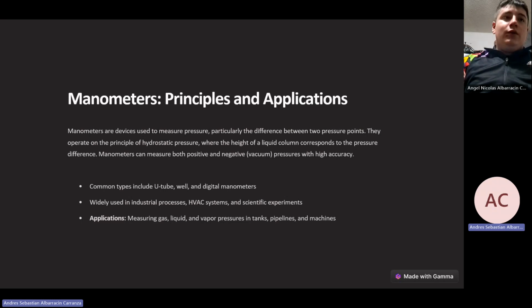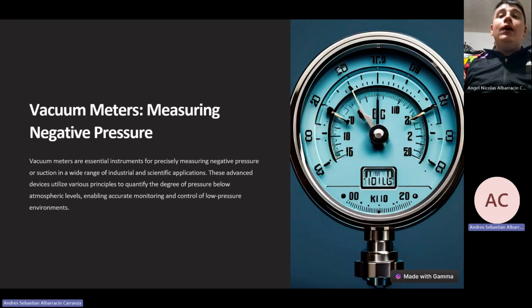Later we're going to explain the difference between manometer pressures. Like we talked about before, there are vacuum meters for measuring negative pressures, and like the name says, in vacuum. Vacuum meters are instruments for precisely measuring negative pressure in a wide range of industrial and scientific applications.